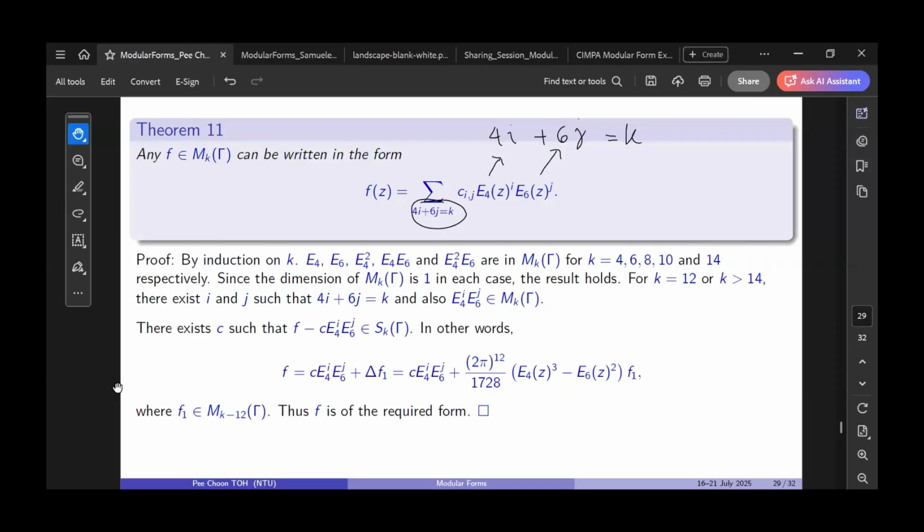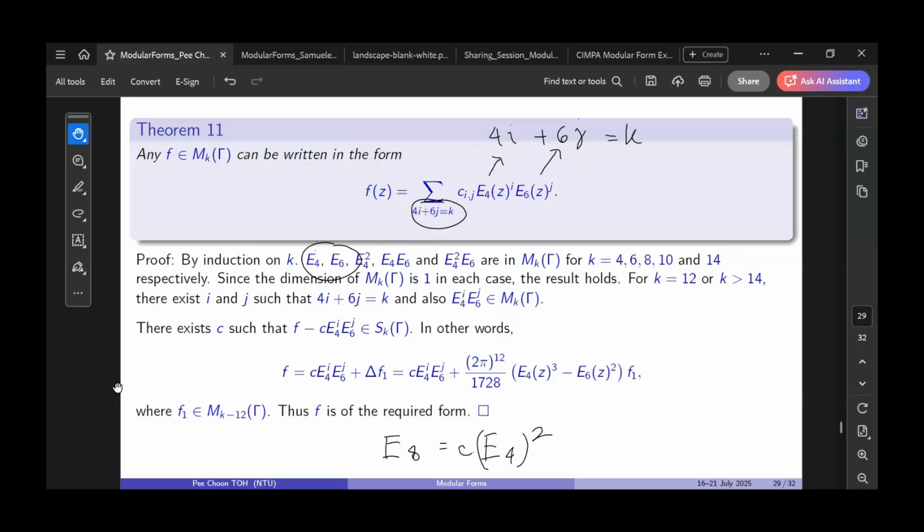We can prove this by induction. Obviously we know that E4 and E6 are one-dimensional, where for E8 you can prove that E8 is some constant times E4 squared.